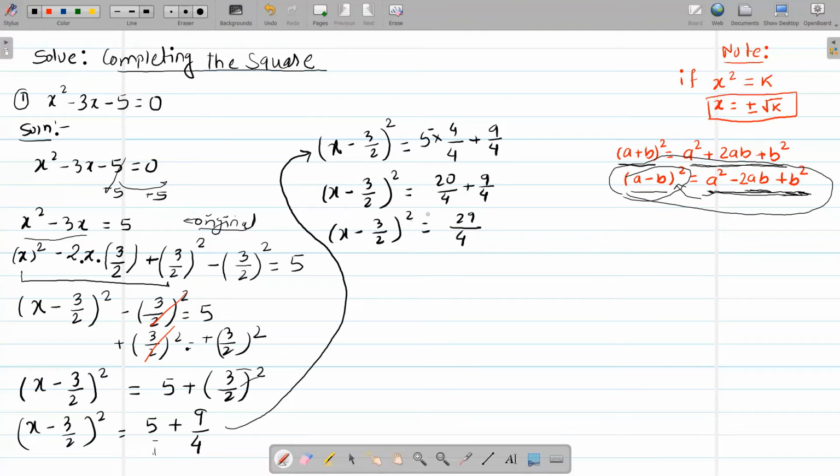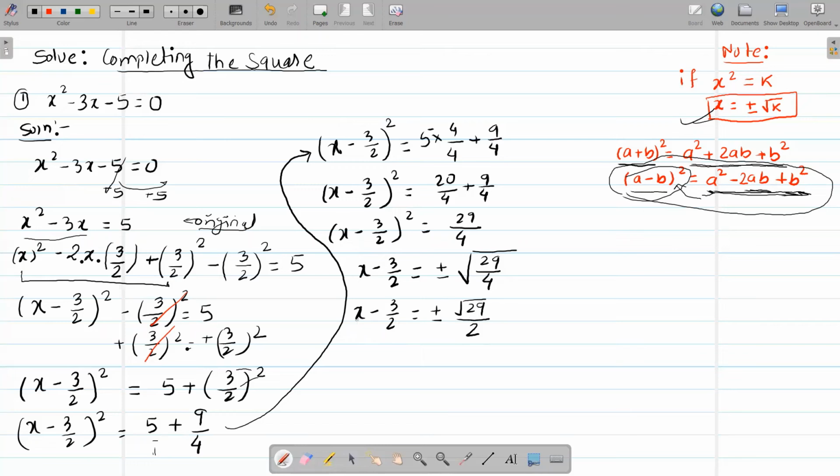Now to solve the square, I have written here, if we have x square is equal to k, our x value is going to be plus or minus the square root of k. So same over here, x minus 3 over 2 is equal to plus or minus the square root of 29 over 4. We're taking the square root both sides. So x minus 3 over 2 is equal to plus or minus, 29 is an odd number so we cannot take its root, but 4 is a square, so we can take out the 4 from the square root, we get square root 29 over 2.